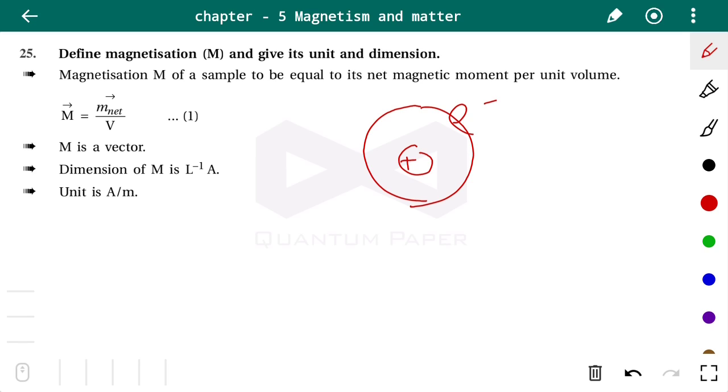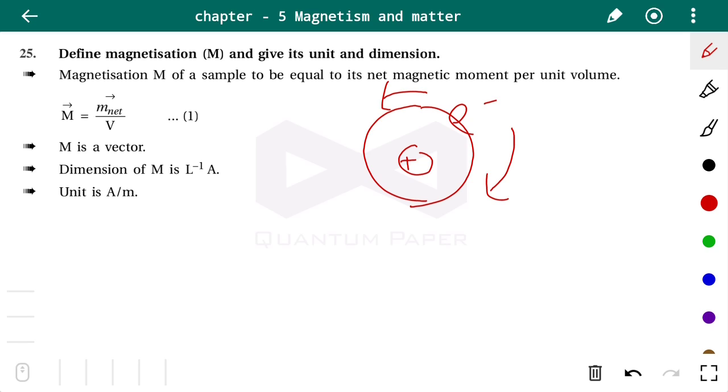So let us discuss the electron that is revolving around the nucleus in an orbit. If the electron is moving in this direction, we know that motion of charge constitutes current. So, when the electron is moving in this direction, current is produced in the opposite direction.